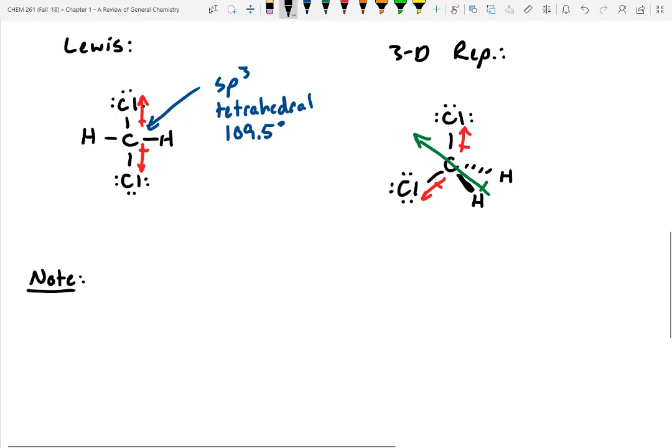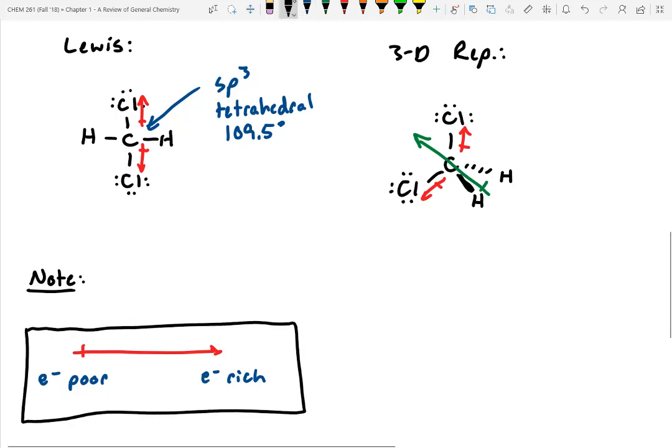There's one method where you can use the arrow system like I previously did, where one side means that this is electron rich, meaning there's an electronegative atom pulling electron density towards the head of the arrow. And then the plus side means it's electron poor. So that's one system you can use to show dipole arrows. Chemists use this under certain circumstances.